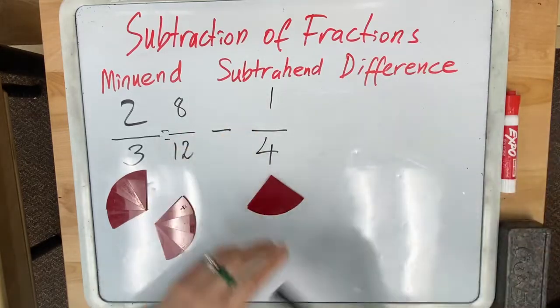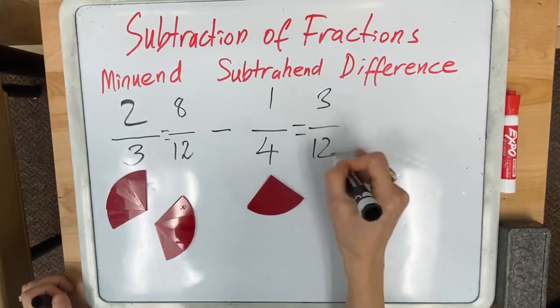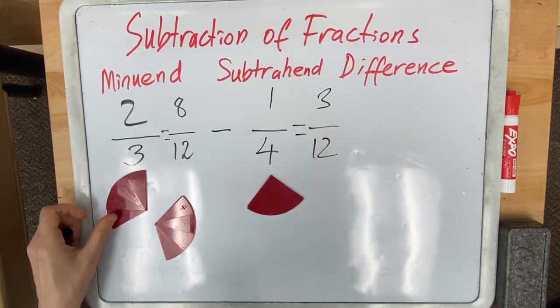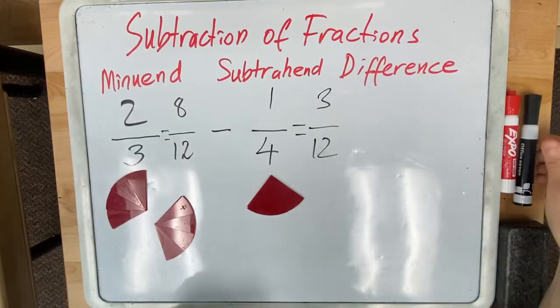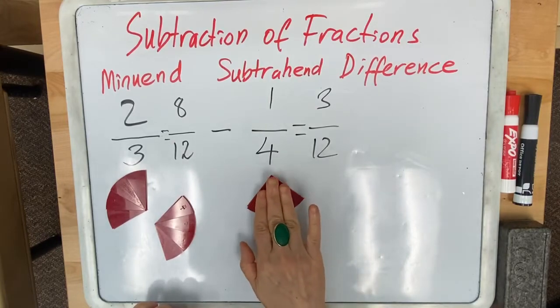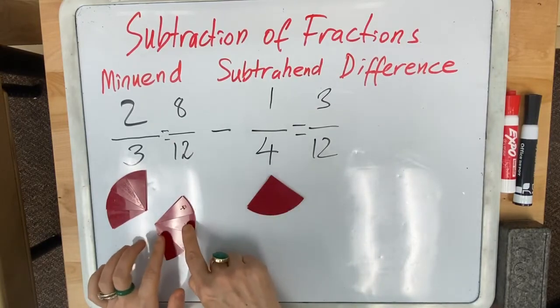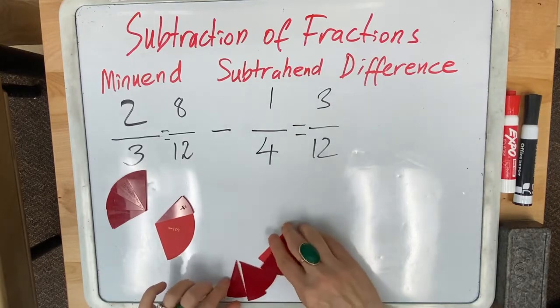So 1/4 is the same as 3 12ths. So now I can subtract 3 12ths, this fraction from this fraction. 3 12ths. It's been removed.